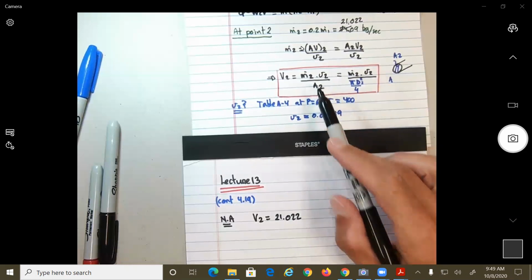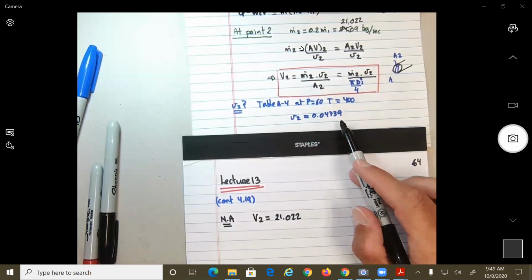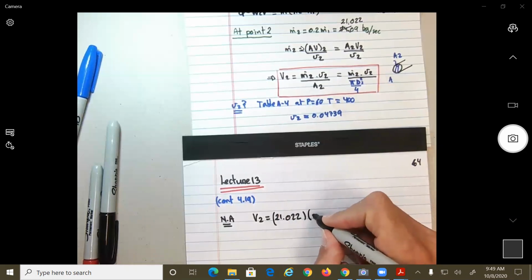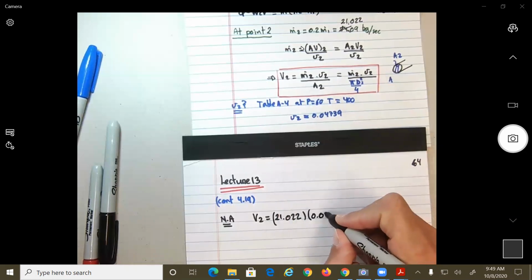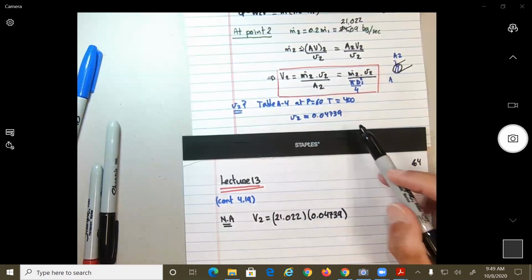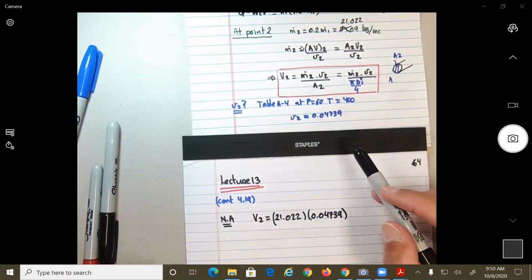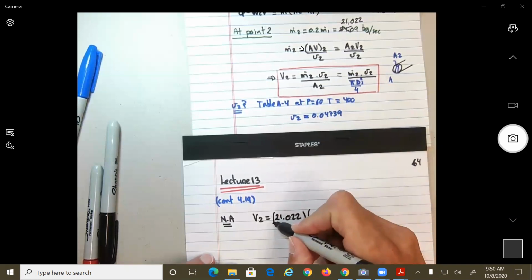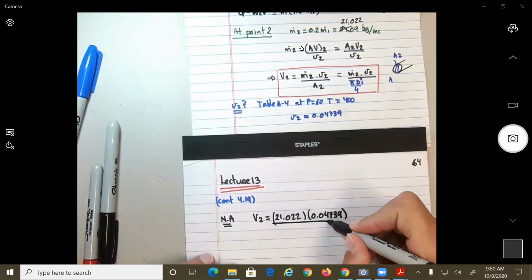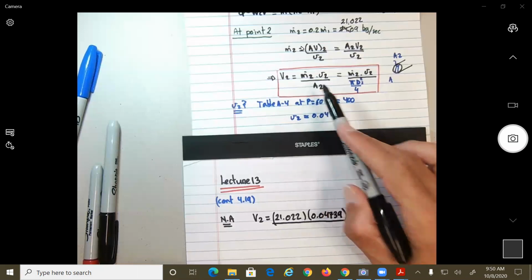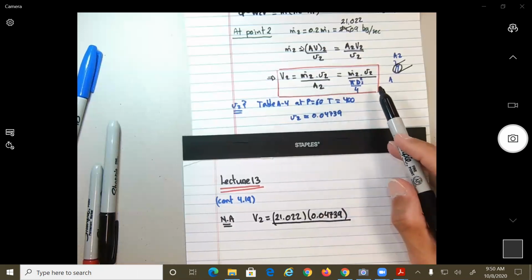So those are correct units. V2 over here is calculated to be 0.04739, and this should be cubic meters per kilogram. And this is kilograms per second, so that the kilograms cancel out.